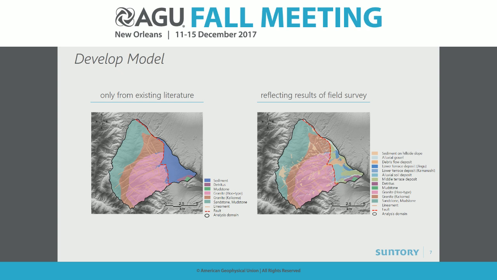The model got more complicated, with a lot of parameters and a lot of categories, and of course each category has its own parameters of groundwater permeability.